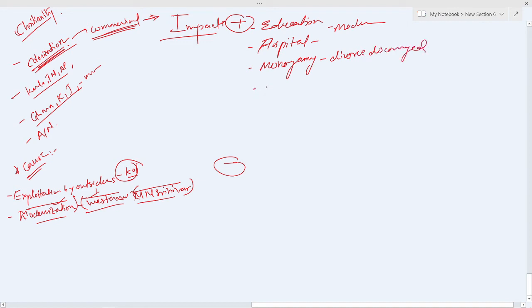Then this Christianity gave sense of superiority. The next was abolition of the practice of burying newborn child if mother dies. So if mother dies, the child which was born was buried along with mother.